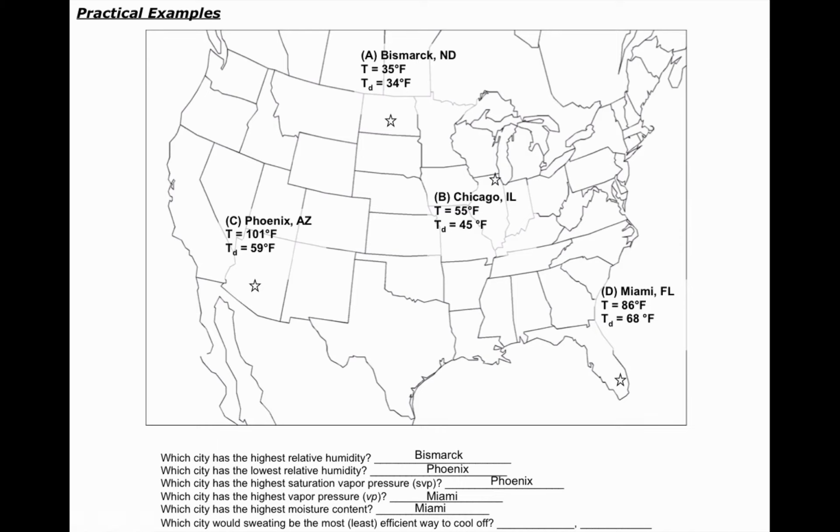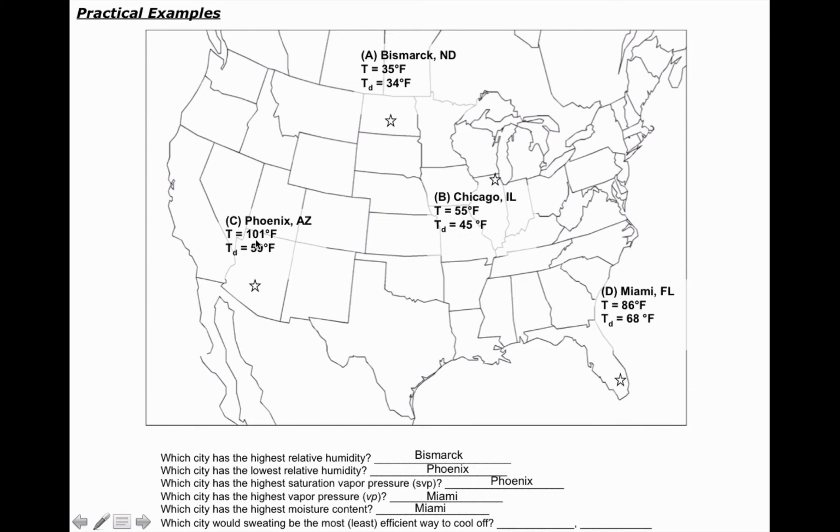Now, let me hopefully not confuse you with this next statement. Bismarck's relative humidity is above 90%. Phoenix relative humidity here is very, very low. So what I want you to know, though, is that in Phoenix, Arizona, on this day when it's 101 degrees with a dew point of 59, compared to Bismarck, North Dakota, with a temperature of 35, dew point of 34, very high relative humidity in Bismarck, very low relative humidity in Phoenix.